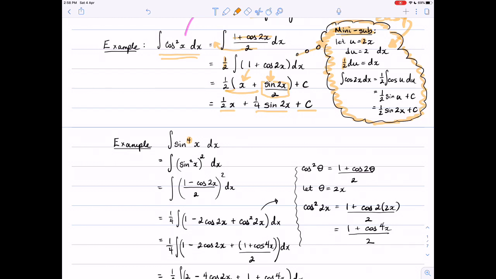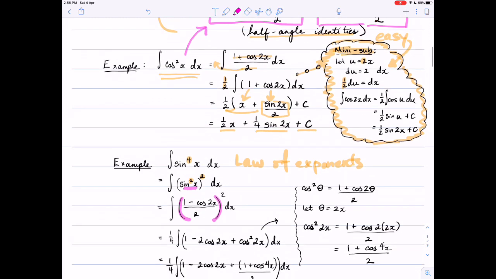Sine to the 4th of x can be written as sine squared of x, squared. So that's just a little law of exponents. And why would I use that law of exponents? Because now inside the bracket, the half angle identity does apply.